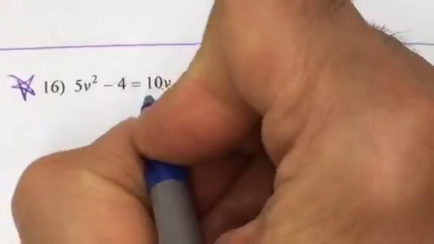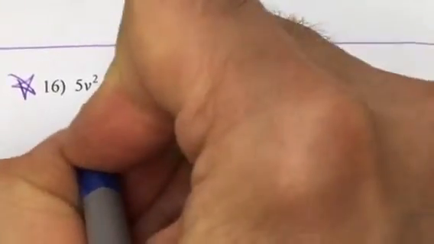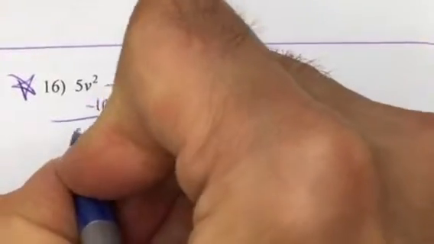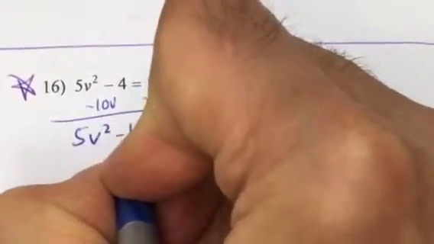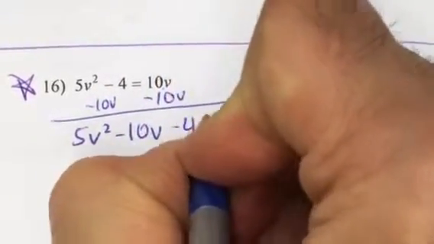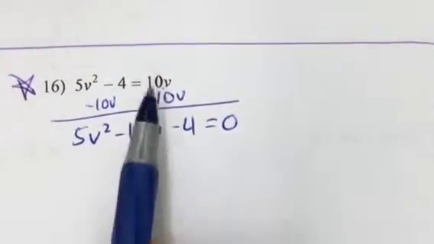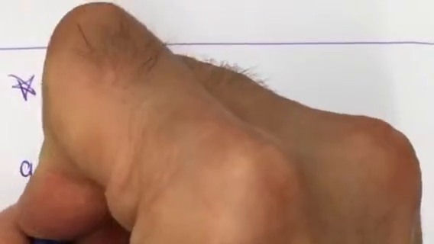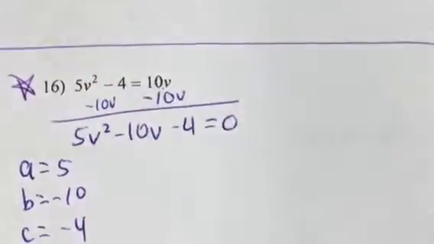It's not equal to 0, so I got to move the 10v. I'm going to put it in between these. 5v squared minus 10v minus 4 equals 0. Take away 10v to get it to 0. A equals 5, B equals negative 10, C equals negative 4.